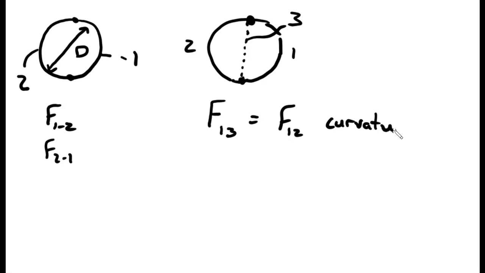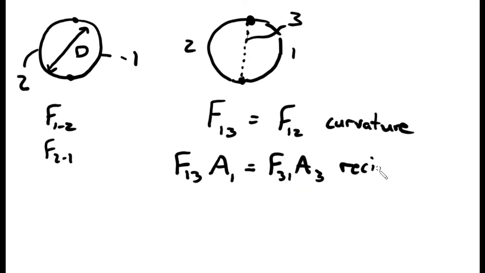Right? So the curvature rule told us that everything leaving 1 that's going to hit 2 has to hit 3. So f from 1 to 3 equals f from 1 to 2. All right. Well, then we say, let's use the reciprocity rule. So f13 times area 1 is going to be equal to f31 times area 3. So that's reciprocity.